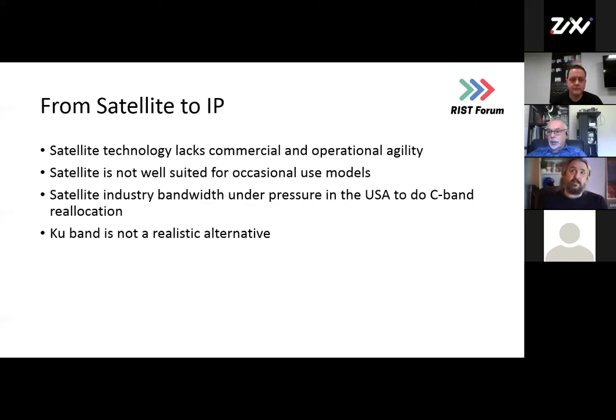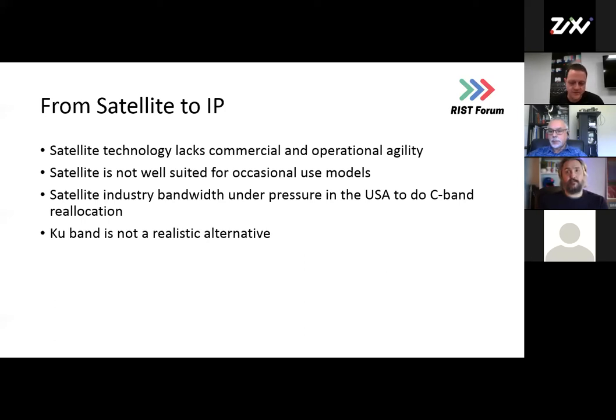Mm-hmm. And Tim, I'm sure you come across this a lot. This is a big part of where Zixi operates too, is that IP is just generally a much more agile and cost-friendly way to move content around. Absolutely, and one thing that we hear people talking about is being able to spin up channels really quickly to just try out a concept.